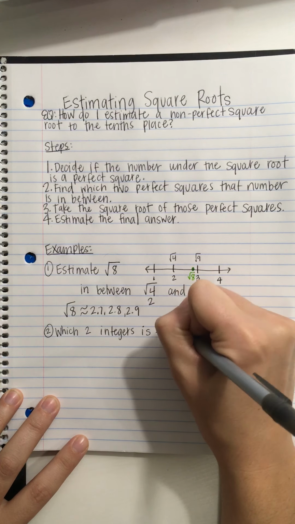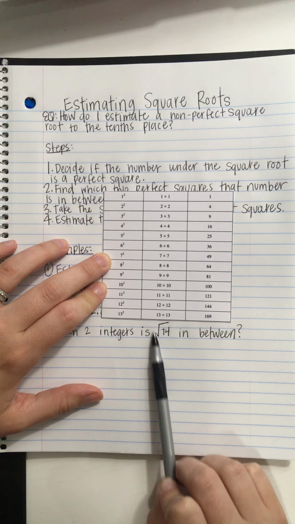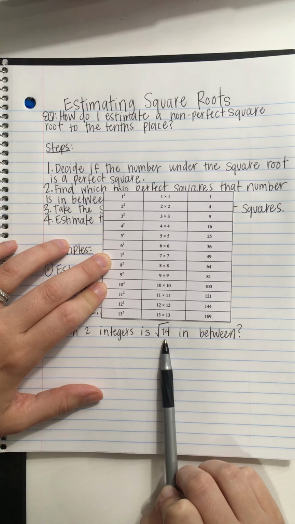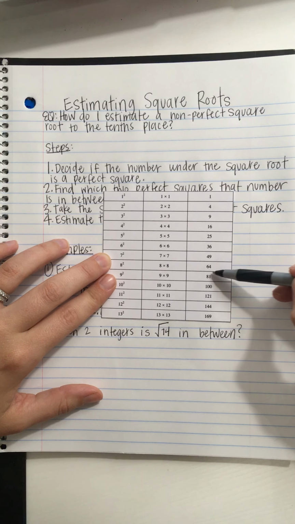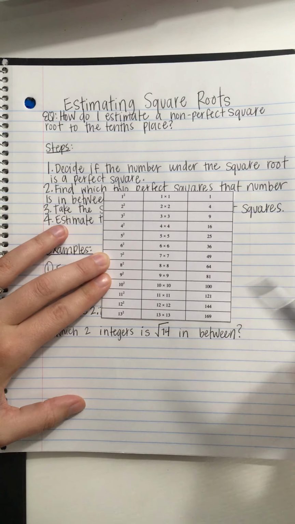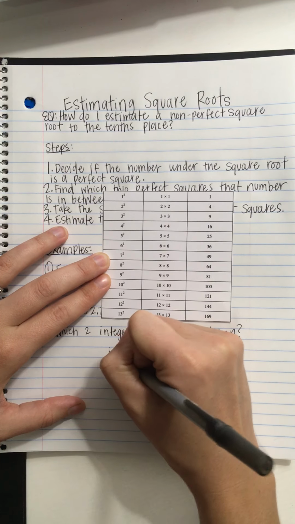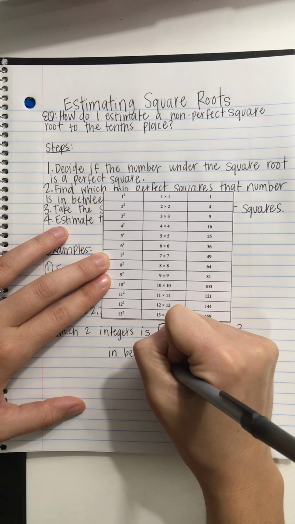Again, you can pull out your perfect squares. You can always keep that with you so that you can easily look at those and figure out where that non-perfect square falls. So square root of 74 is probably in here, in between 64 and 81, in between those two perfect squares.